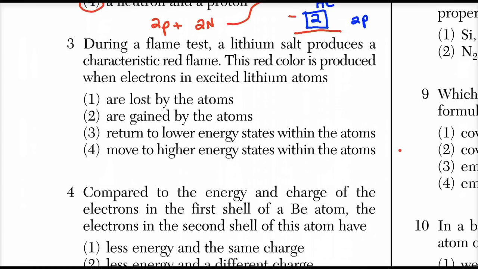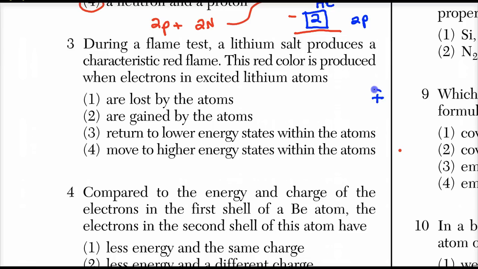Okay, number 3. During a flame test, lithium salt produced a characteristic red flame. This red color is produced when electrons in excited atoms do what? Okay, well this is back to what Bohr first described with his quantized level of electrons in his circular orbits. Now his circular orbits are not true today, but we can use those circular orbits to come up with a way to describe energy changes.